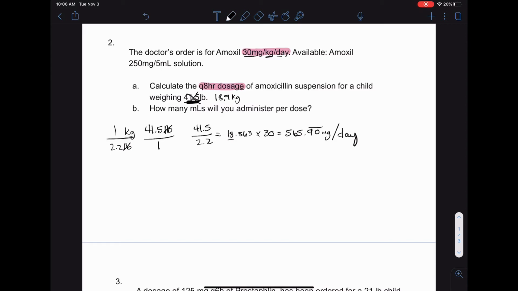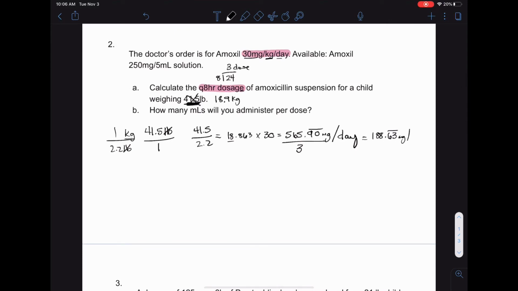So that means that we're dividing the day, 24 hours, by 8, which means we're going to give 3 doses, which means that this is going to be divided by 3 so that we can get our per dose. Again, I still have that long decimal number on my calculator, and I'm going to hit divide by 3. That equals 188.63, and then that continues on.